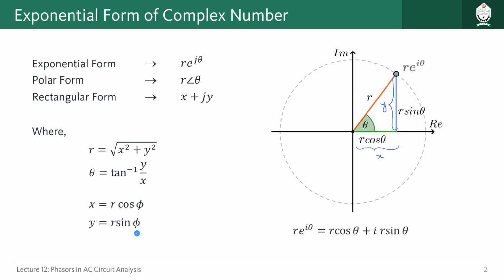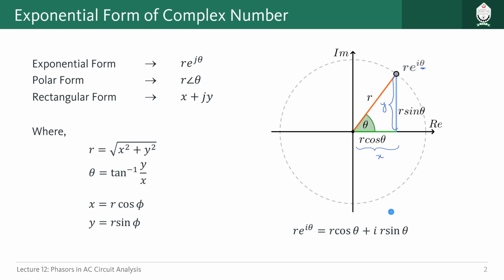Now the most important thing to understand here is, what if this value theta is changing with respect to time? Let us say theta is time, then obviously it will progress further as time progresses, right? Then how should this total figure look?